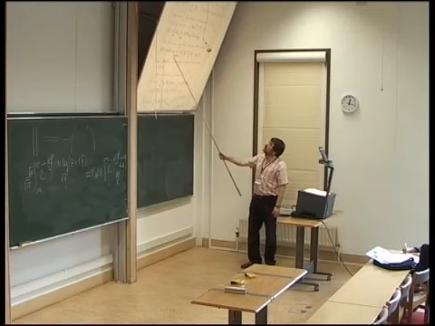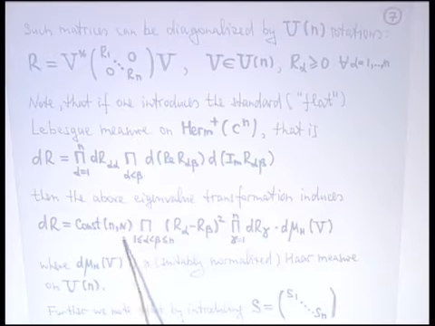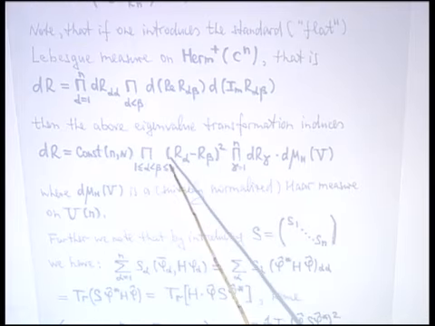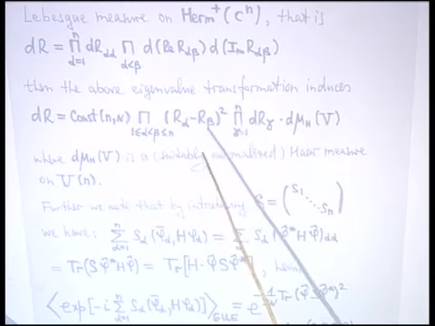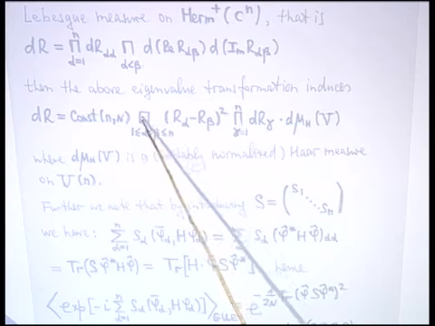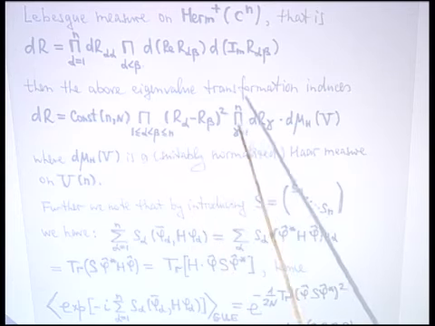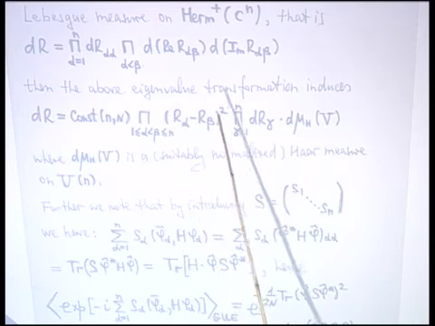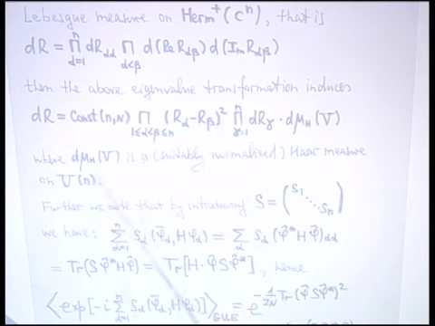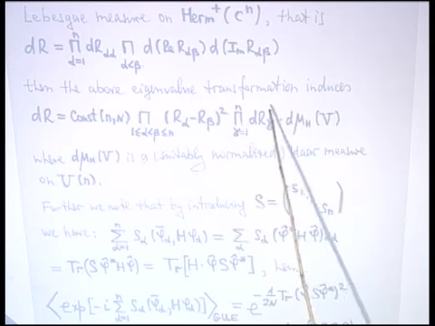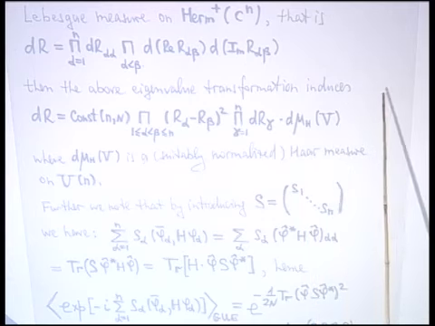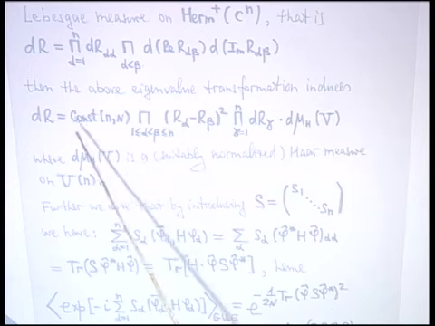Then the corresponding Lebesgue measure, up to a constant, is given by the factor known as the squared Vandermonde determinant, which amounts to the squared product of differences between all eigenvalues, going over all distinct pairs of indices alpha and beta. Here is just the product of all differentials of R's, and then a suitably normalized Haar measure on the unitary group.